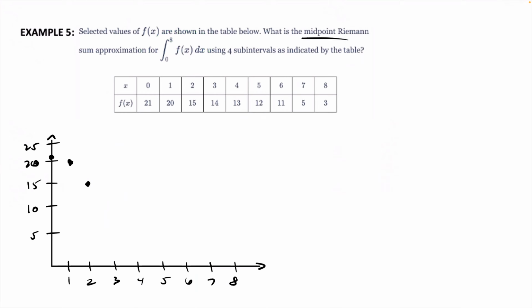It's decreasing. (3, 14). (4, 13). (5, 12). (6, 11). (7, 5). (8, 3). Yep. So yeah, it is decreasing the whole way through, right? So the function looks like that.